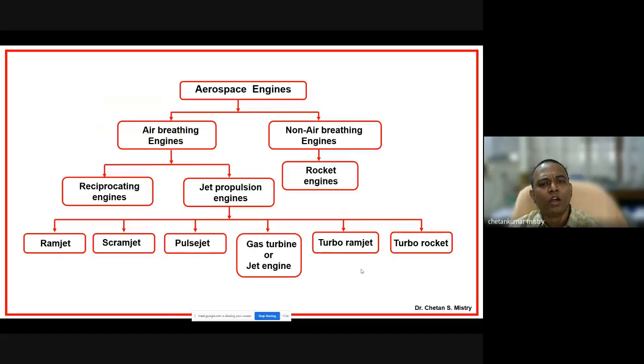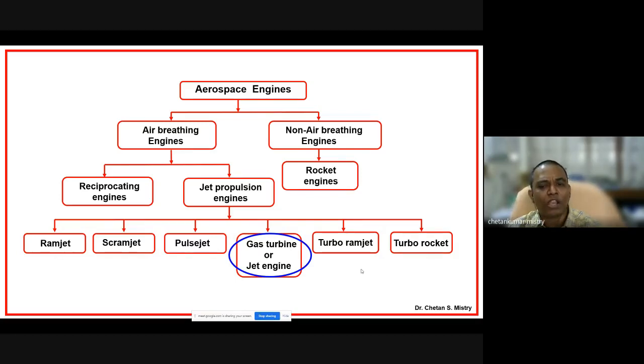Now let me tell you, this is what is with aerospace engineering. And since I'm dealing with aero engines, I'll be focusing more on these facilities. If you look at aero engines, we have a broad classification: air breathing engine and non-air breathing engine. In air breathing engines, we are working presently more on gas turbine engines.